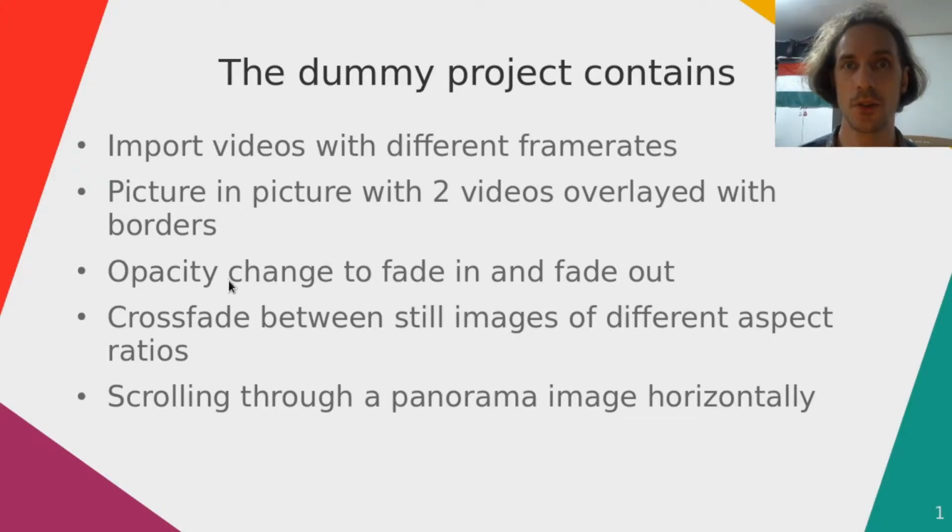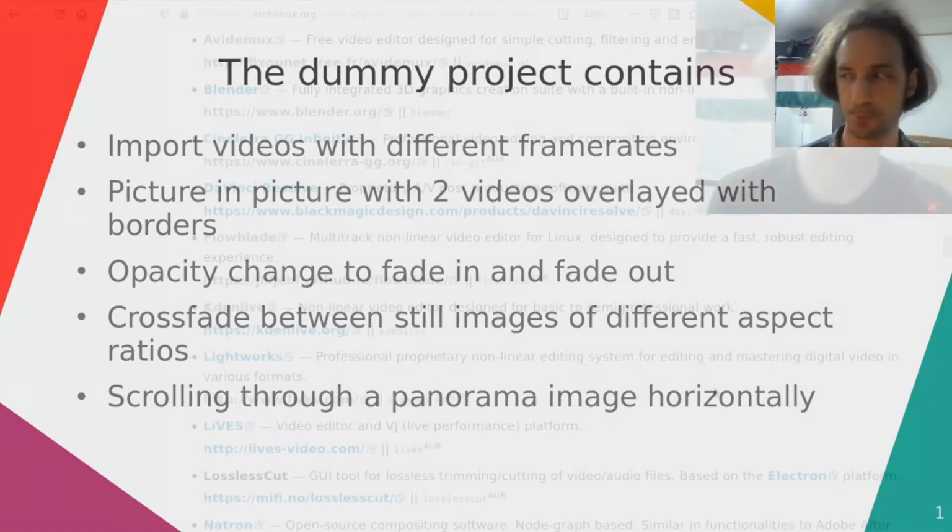I will use a change in opacity to fade in and fade out these overlaid videos, and also do some crossfades between videos and images, and the images will have different aspect ratios to see how we can work with those. And I will also do a scrolling through a panorama image in a horizontal direction to see how we can animate this kind of transformation in the video editors.